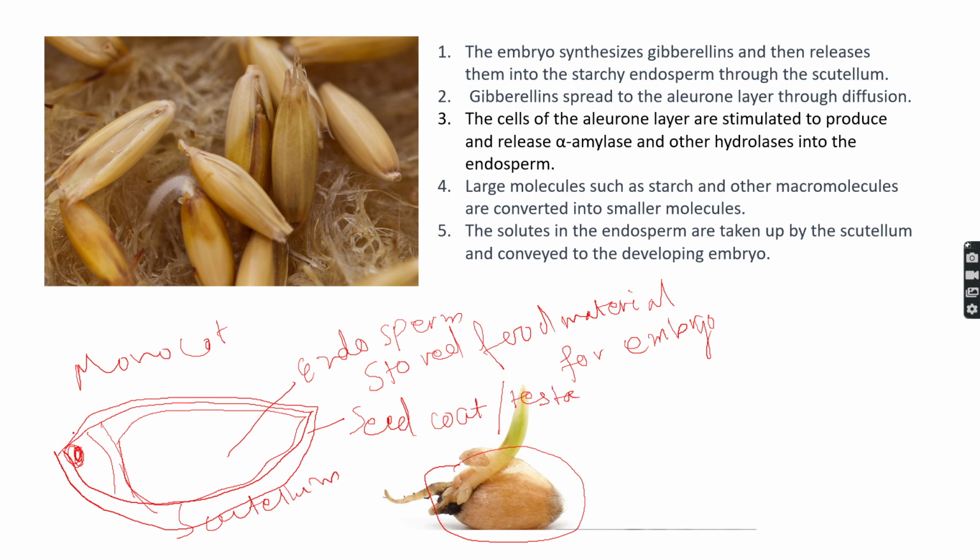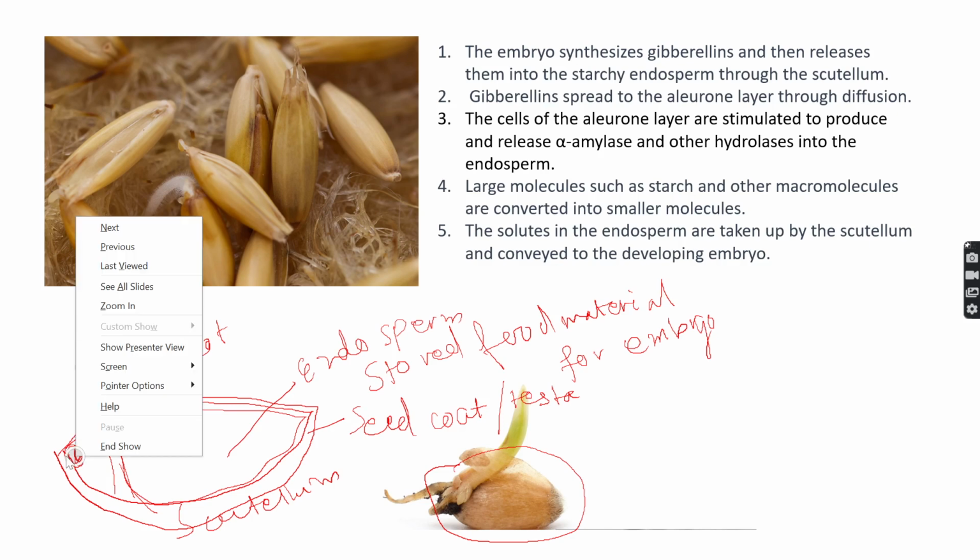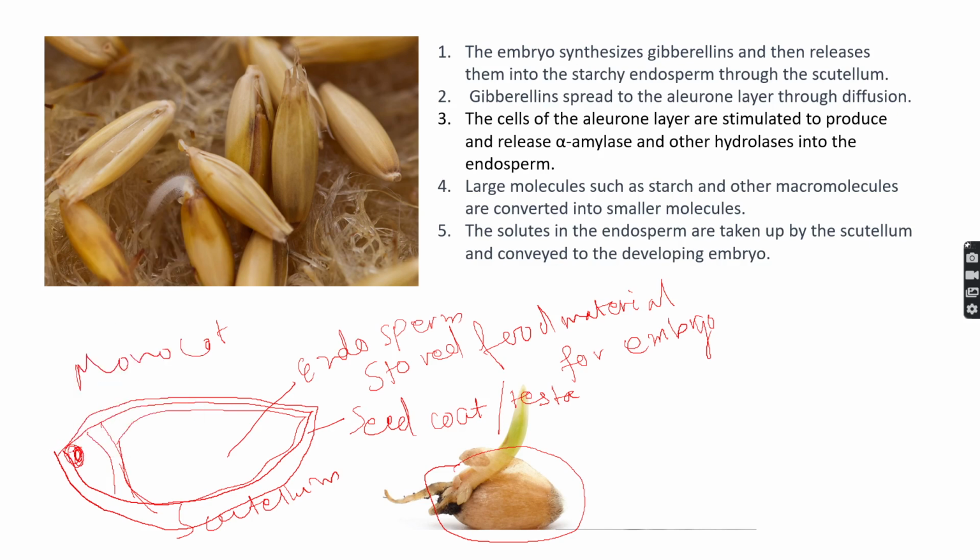And beneath this seed coat, there is one layer which is basically a unicellular layer. I'm writing here a unicellular layer named as aleurone layer.